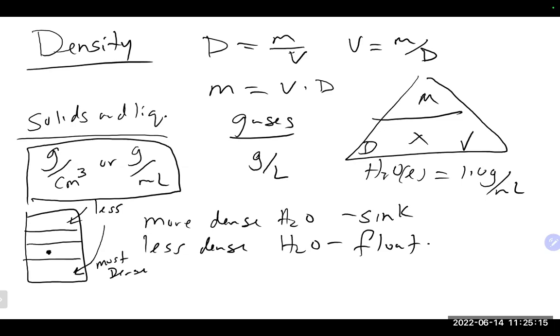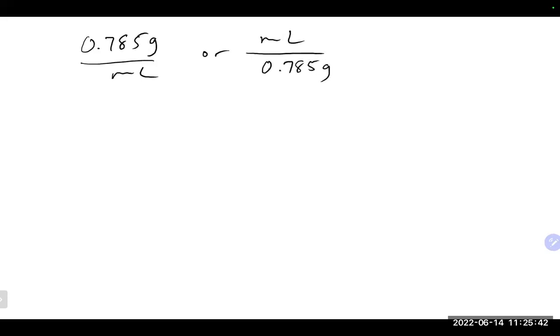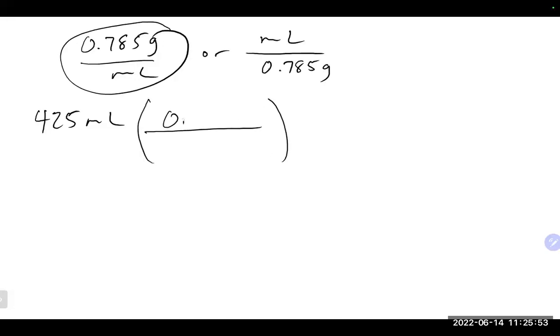Units here typically don't cancel out. You could also treat density problems like dimensional analysis problems. If an object had a density of 0.785 grams per milliliter, you could use it like that, or you could flip it around and use it like this. The number stays with the grams. So if you had 425 milliliters and you want to know how many grams that would be, you could multiply by the density, 0.785 grams per milliliter.